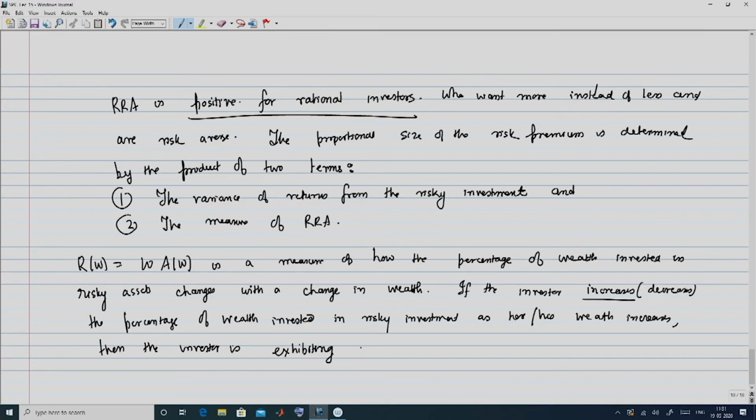So, in case of increases, the wealth, the investor is exhibiting decreasing RRA, and in case the investor decreases the percentage of wealth in risky investment, then it means that the investor is increasing their relative risk aversion.